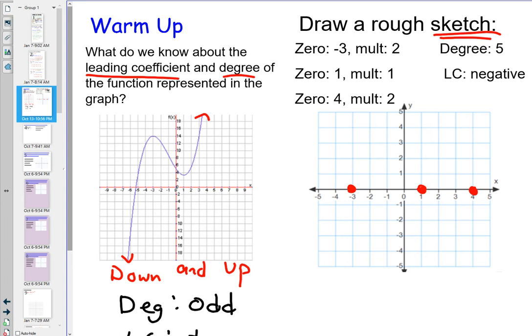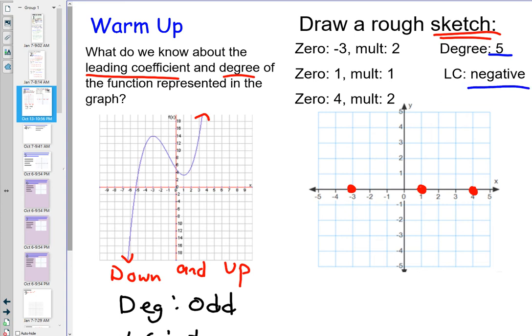As far as where the arrows go, maybe that's not super precise. But one thing I have to know is the arrows have to be on the outside. If I have my x-intercepts there, I'm not going to put my arrows in here. That wouldn't make sense. The arrows are going to have to be outside of the x-intercepts. The other thing that's important is where they face. What type of degree is this?